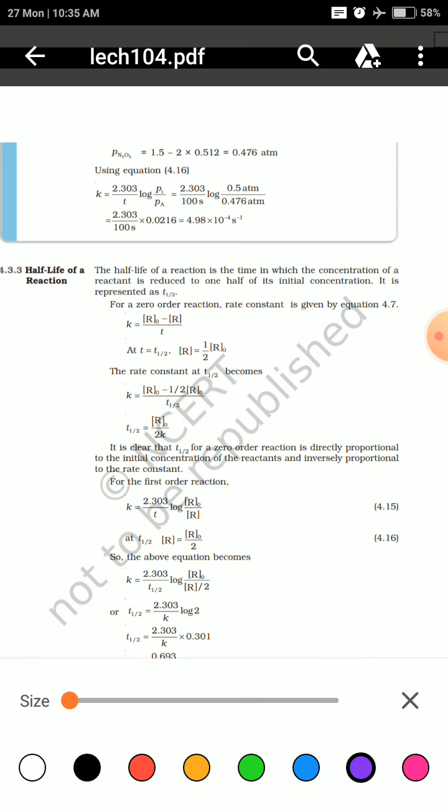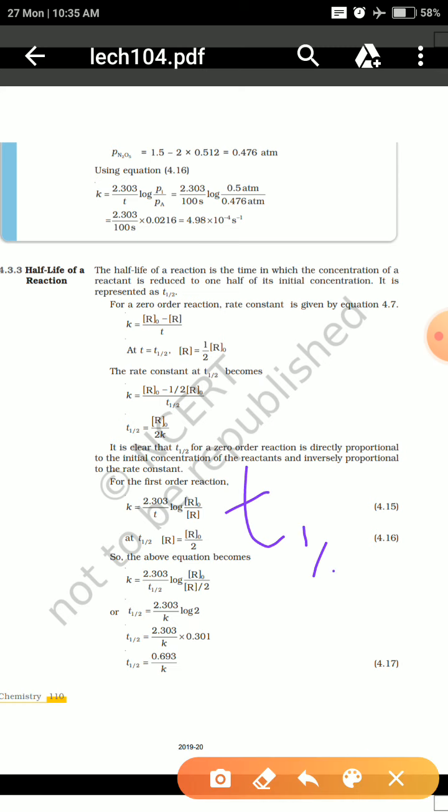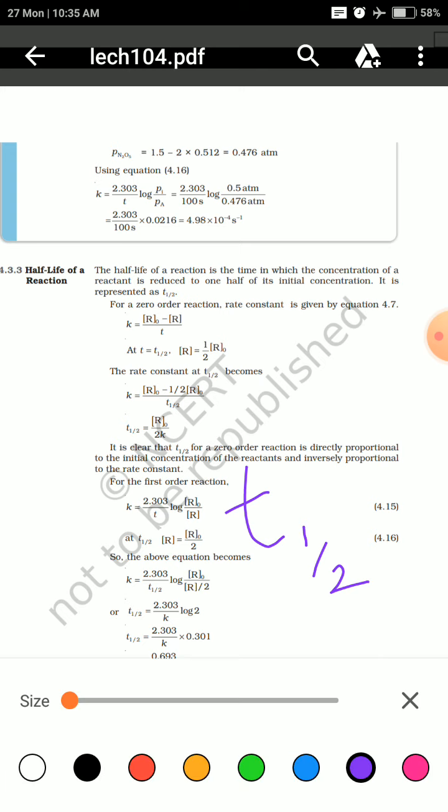The half-life of a reaction is always shown by T half. T, and at the side you write half. T half. So let's get started.